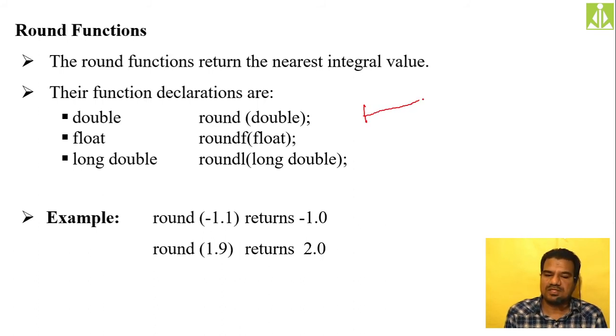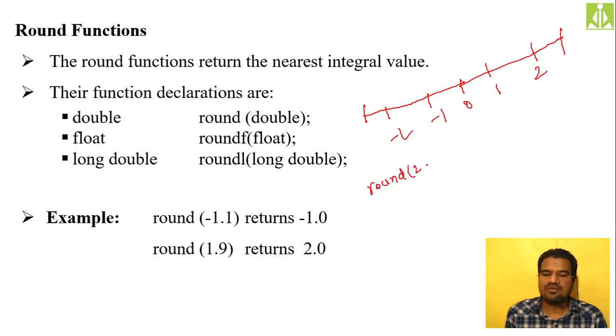Simply, if this is your number line, and this is your 0, this is your 1, this is your 2, here you have -1, here you have -2. Let us say I am calculating the round value of 2.6. Where will that 2.6 go? Here let us say we have 3.